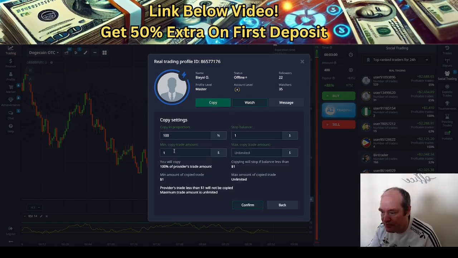Let's copy mean trade amount. Let's do that to 5. Let's do it 500 like him. 100%. Let's try that. Can be a little scary. 500. Let's take a stop balance.